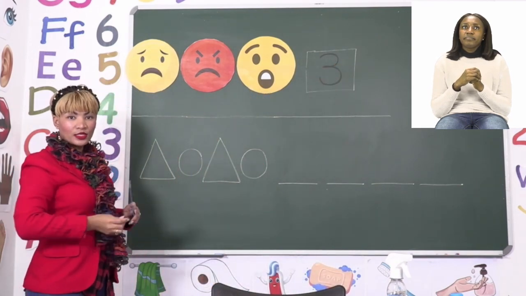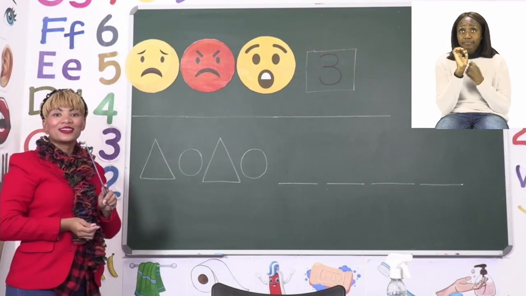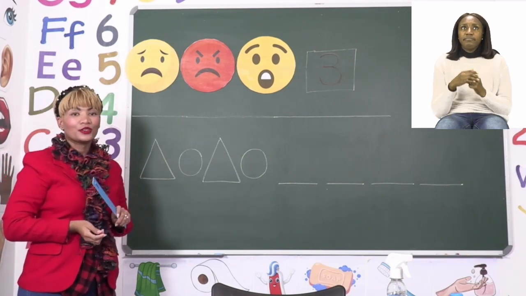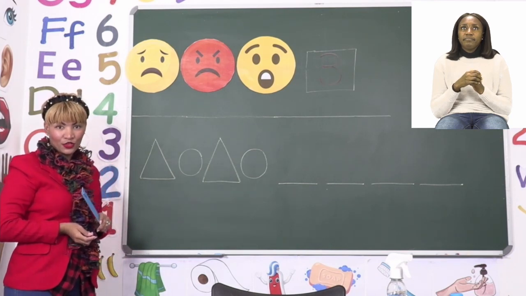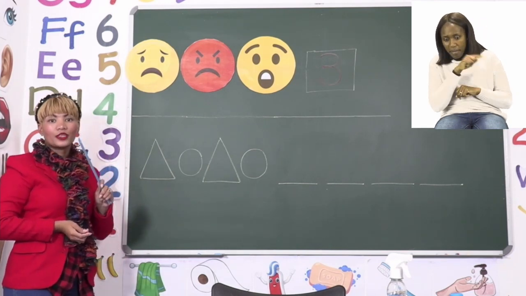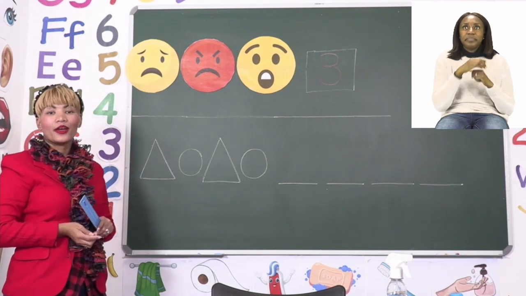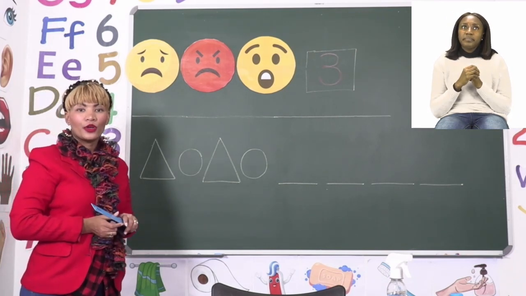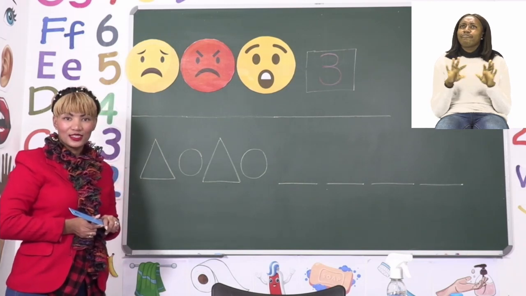Now in your booklets, people, you have the numbers given to you already. So you don't have to write in the numbers on your own. What you have to do though is you have to match. So how are you going to do that?